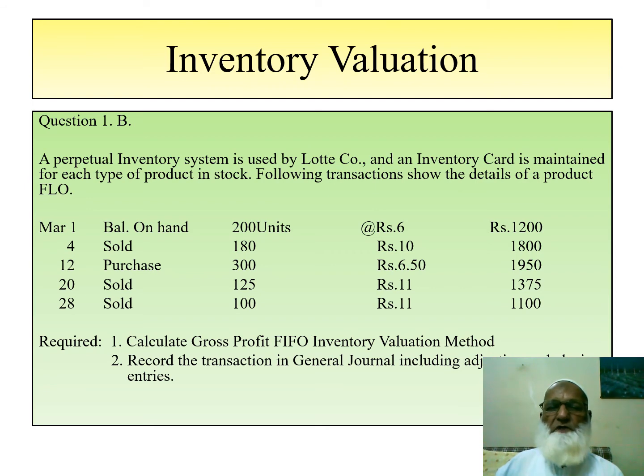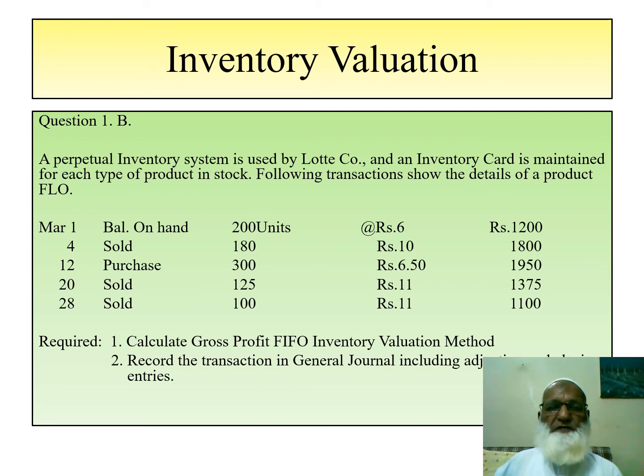On March 1 we had a beginning balance of 200 units at rupees 6, and the total cost was 1,200, and out of these 200 units we sold 180 units at rupees 10. This is the selling price. So 1,800 is the total sale price.